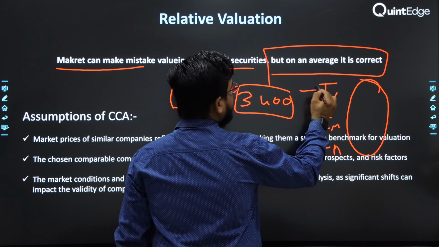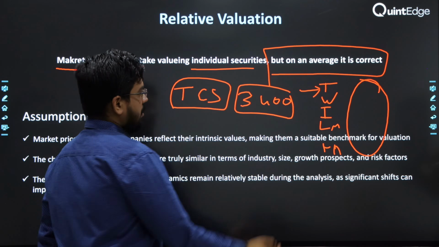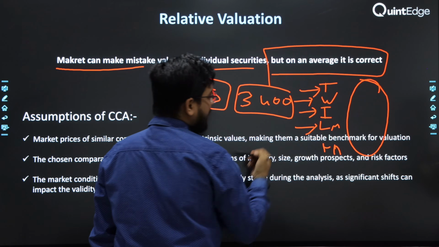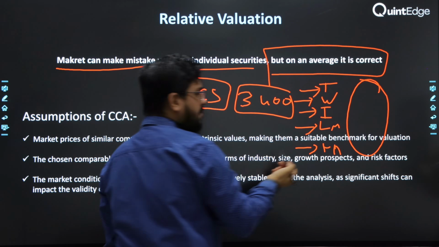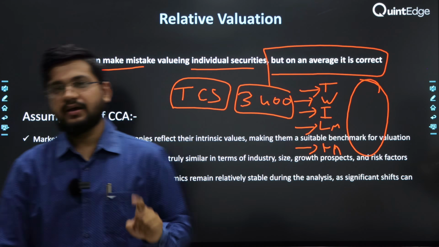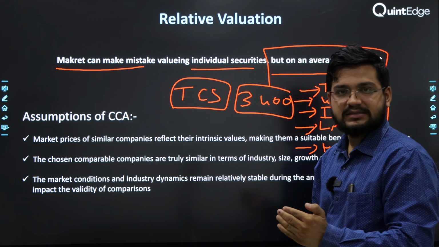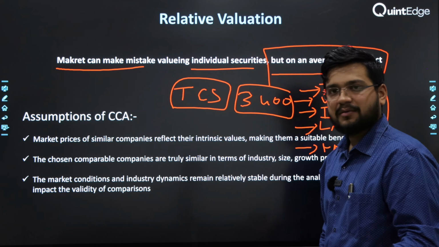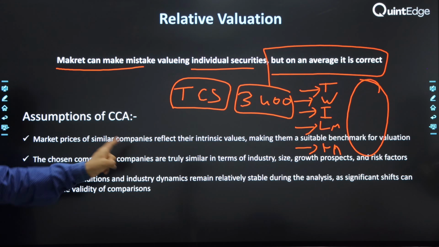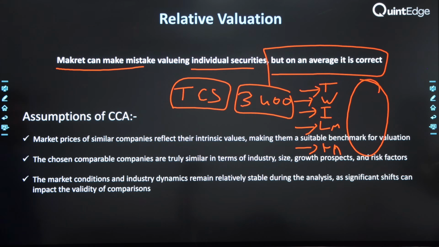Because what will happen? TCS can be overvalued, Wipro can be overvalued, Infosys will be undervalued, L&T Mindtree will be undervalued, another company may be fairly valued. So on an average, the valuation is correct. So individually markets can make mistakes, but on an average markets will always be correct. Okay, so we are not contradicting our previous statement.